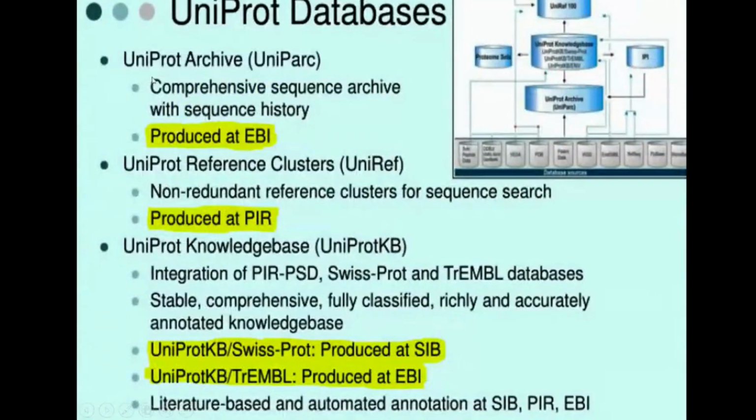See the UniProt database: the UniProt archive, that is UniParc, is produced at EBI, UniRef is produced at PIR, UniProt KB Swiss-Prot is produced at SIB, and translated EMBL is produced at EBI. EBI, SIB, and PIR together form the UniProt consortium.